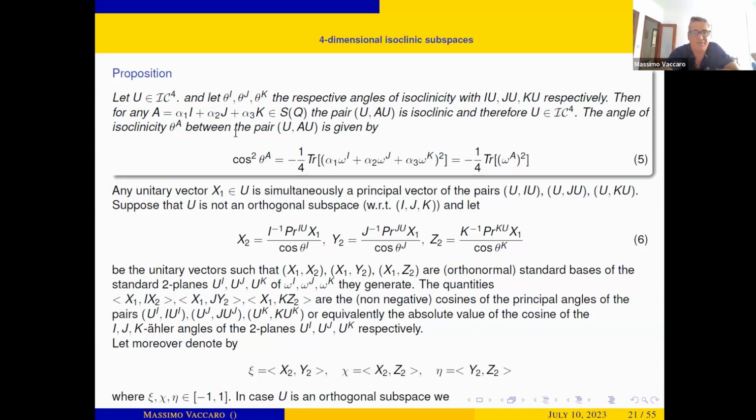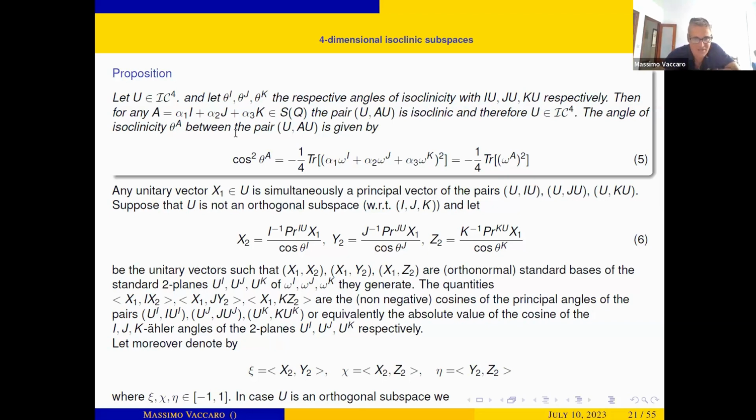Also here, we have this important thing, which is one of the things that we will see afterwards, that is always the same. So if I take an x1 and I consider who is the x2 which defines the standard two-plane, x2 is given by this formula, y2 is given by this formula, z2 is given by this formula.